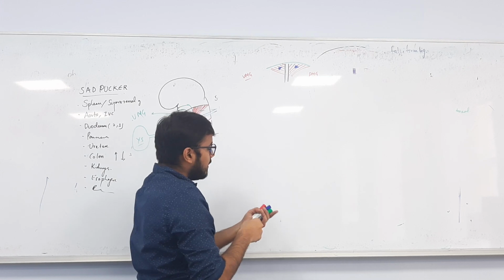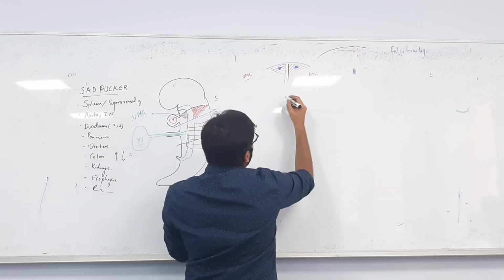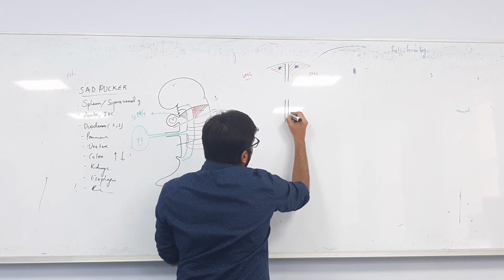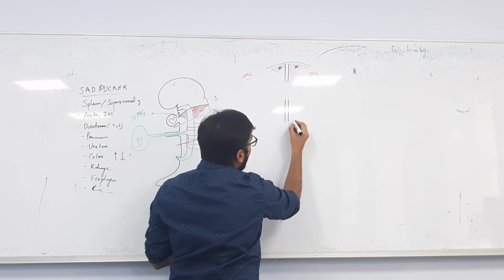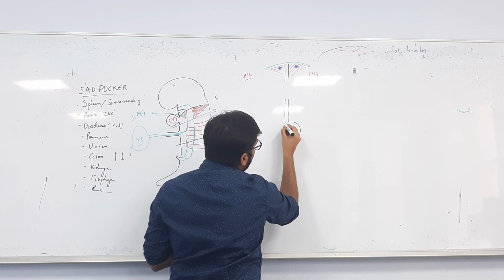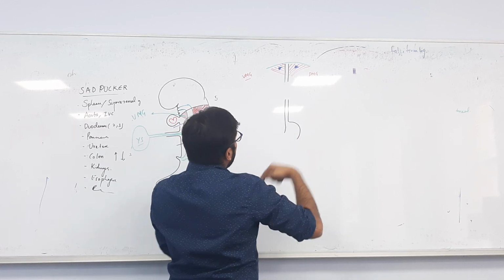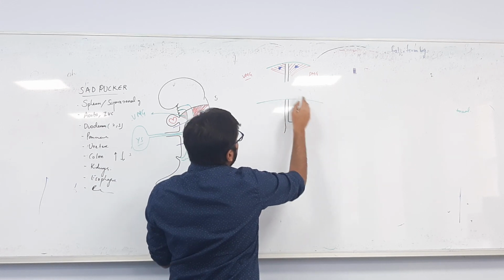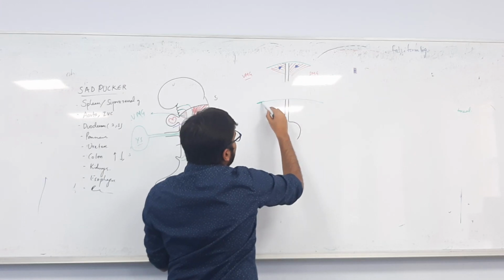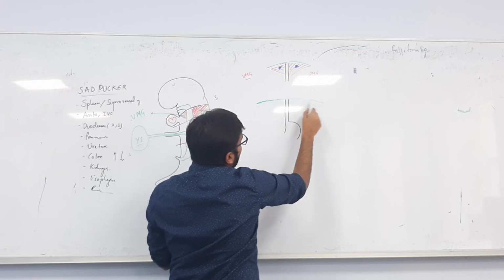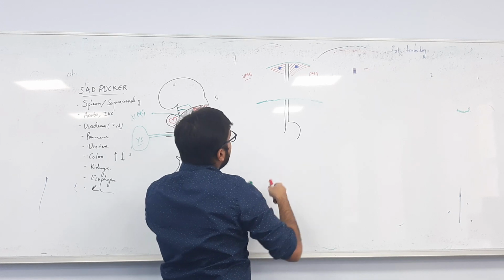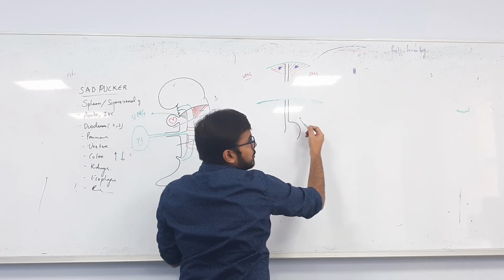In the second stage of development, slowly this becomes the esophagus, and slowly stomach starts developing in this way. Clear? The same thing, this septum transversum which was thin, now it will become a little bit thick. This is dorsal mesogastrium.